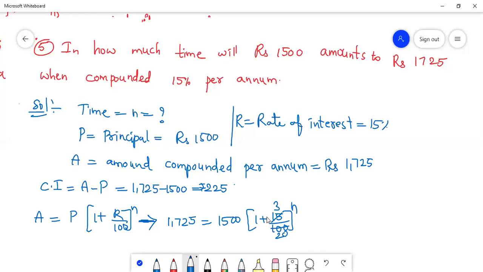Here we can take this 1500 to the left side, then it becomes 1,725 by 1500 equal to, taking the LCM of these two terms, 1 into 20 is 20 plus 3, 23 by 20 whole power n.